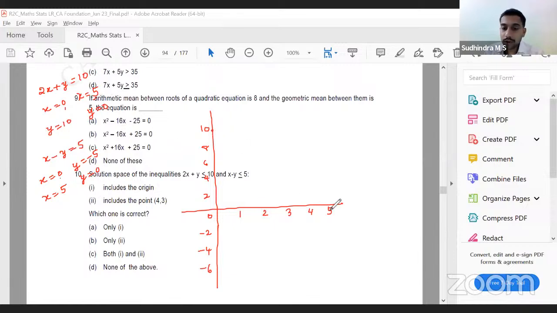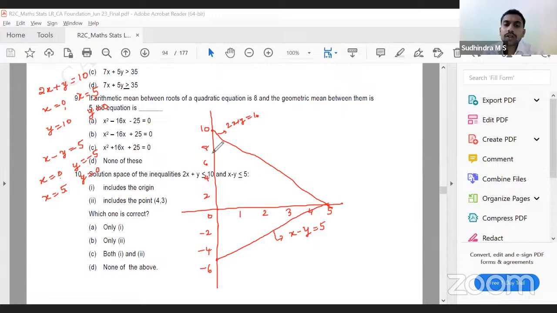X equals 5, y equals 0. So this is the first equation, 2x plus y equals 10. Second equation: x equals 0, y is minus 5. X is 5, y is 0. This is x minus y equals 5.